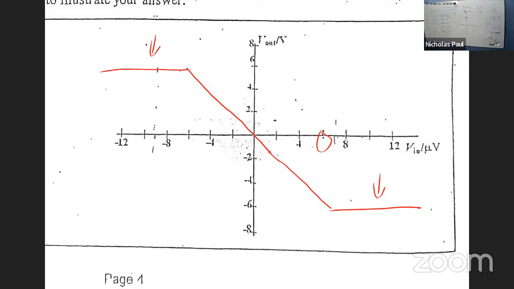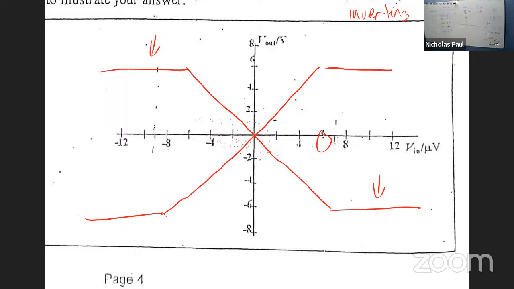But remember, this only holds for the inverting graph. What would a non-inverting one look like? Look at it.